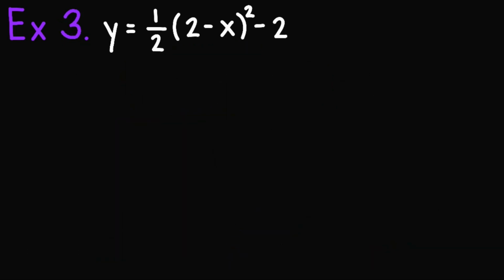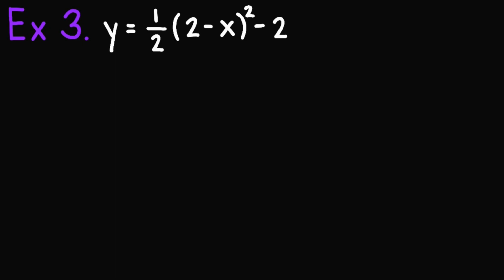In here we are given y equals 1/2 times the quantity 2 minus x squared minus 2. So before we try this, again feel free to pause the video so that you may try this one first on your own. Okay, good. So let's solve this one.